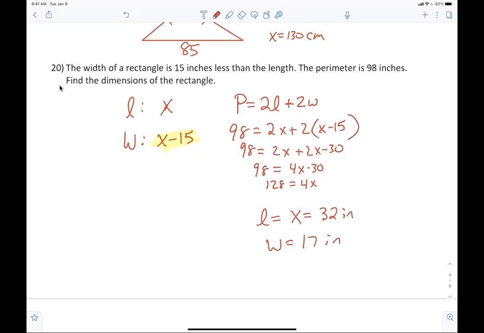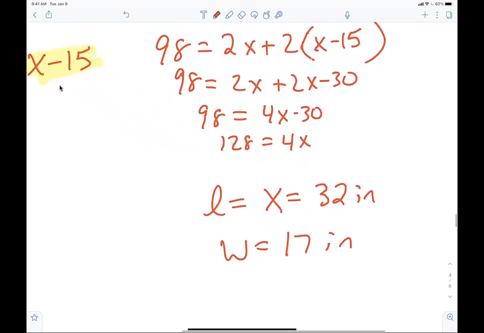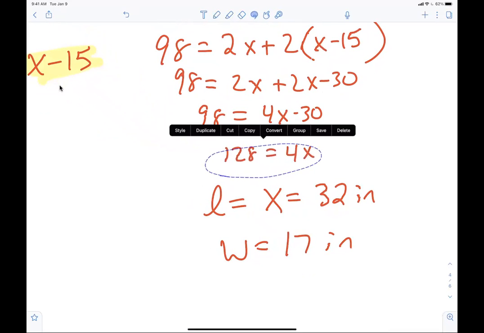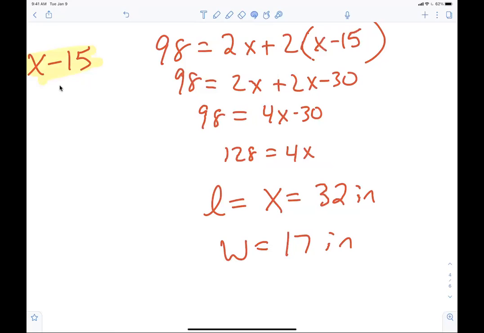Then I got the things after, but then I also got 17, I didn't know if that was the width. You added 30, right? And you got 128 equals 4x, right? I didn't, I got 68 equals 4. Well, 68 equals 4 is not a right answer.